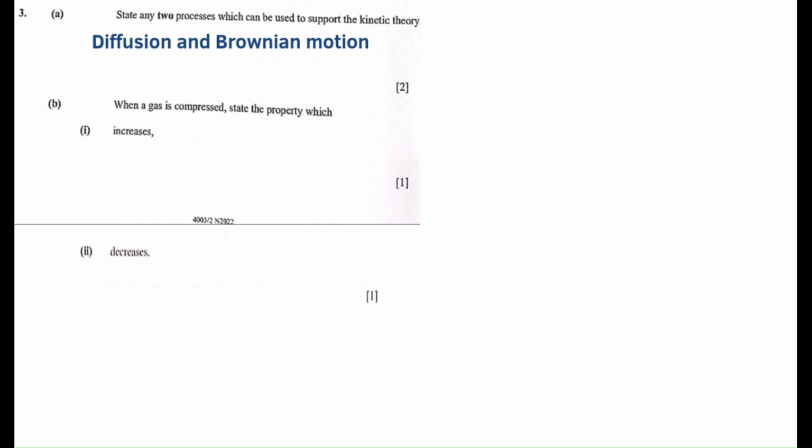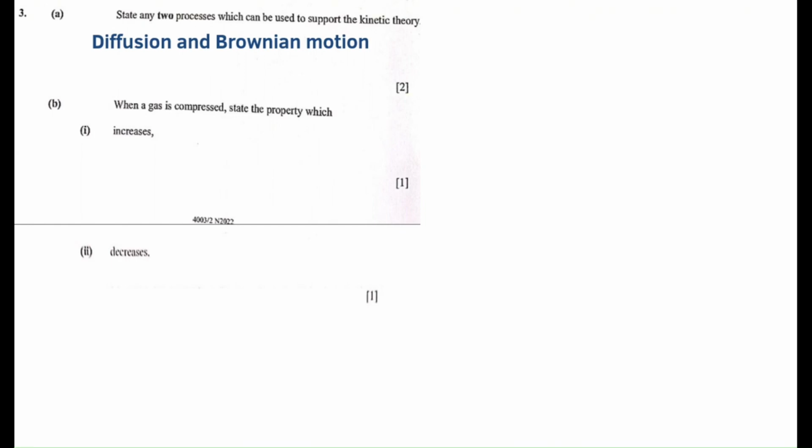When a gas is compressed, state the property which increases. So when you compress a gas, it means that you're going to close in on the free spaces which are present between each of the particles in the gas. So that means you're going to be reducing the volume.